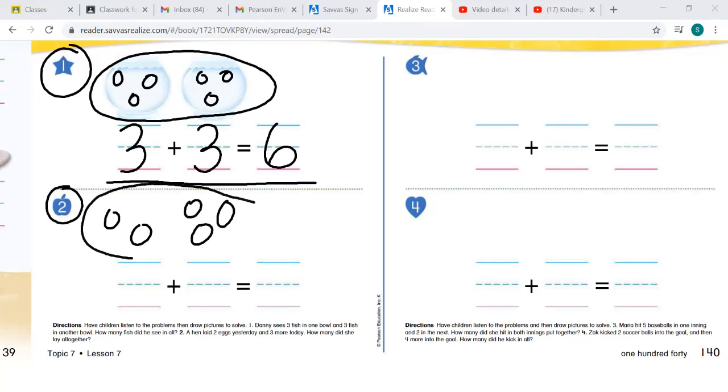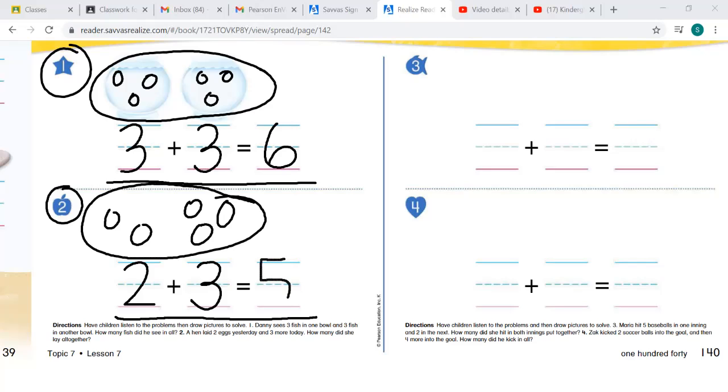So we want to see how many eggs that the hen laid all together. So we write the first group has 2. Our second group has how many? 3. So 2 plus 3 equals 5. And you can count to check.